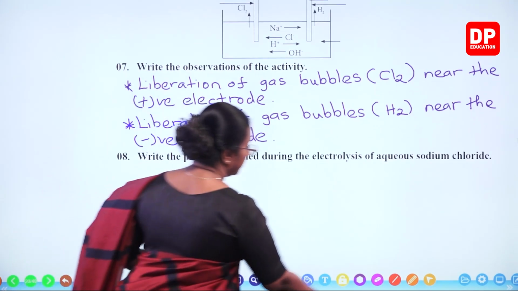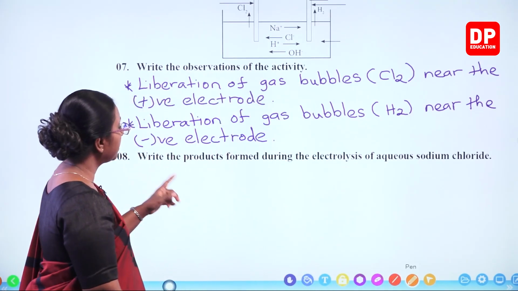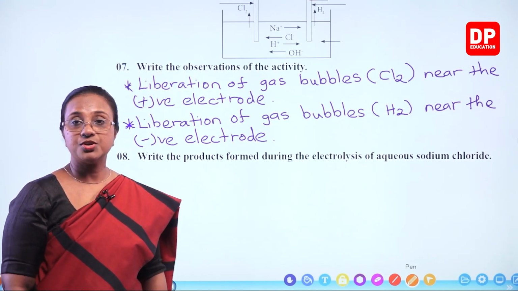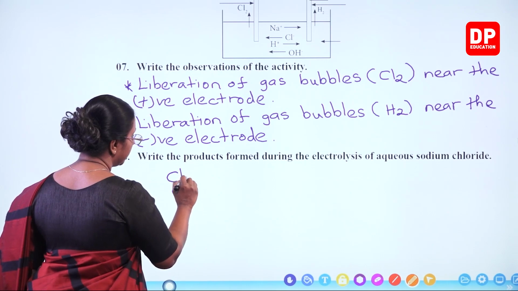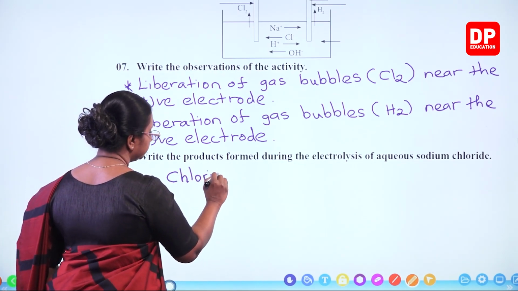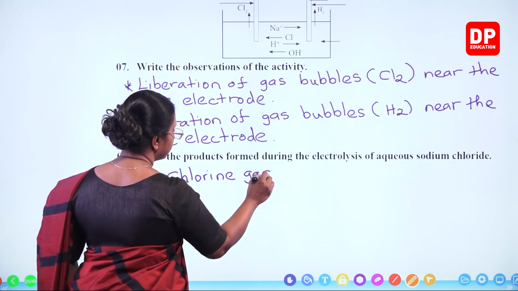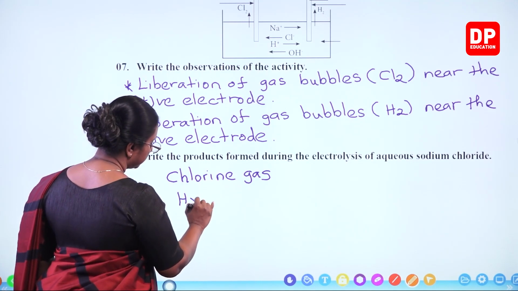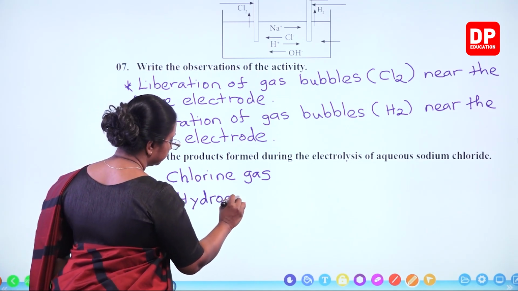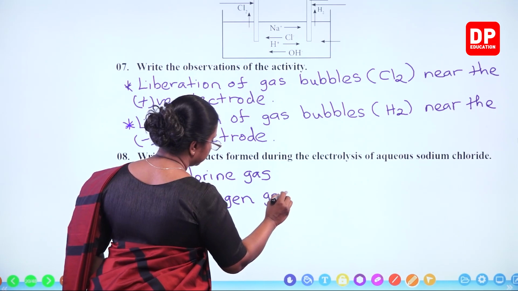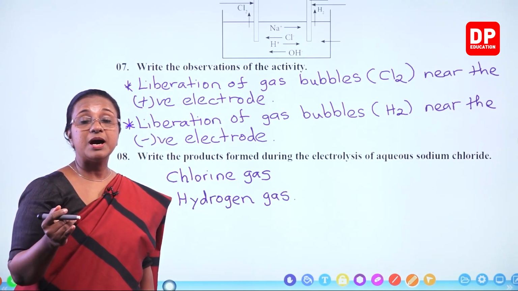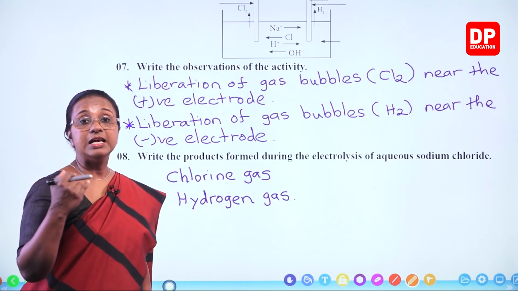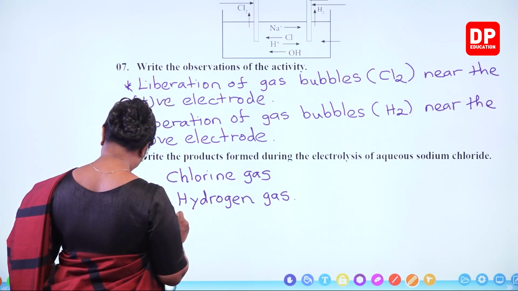So here you are supposed to write the products formed during the electrolysis of aqueous sodium chloride. What are the products? Chlorine gas, hydrogen gas. Is that all? No. There will be sodium hydroxide remaining in the electrolytic cell.